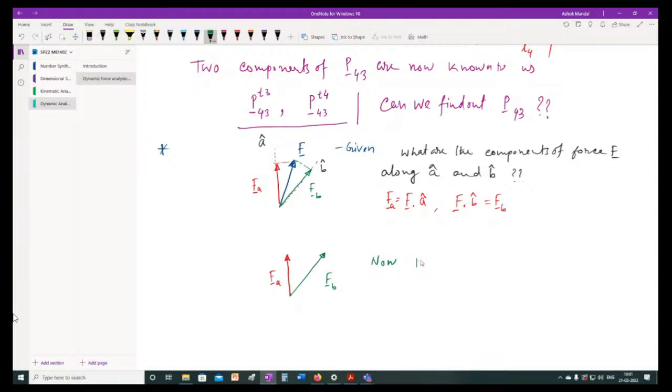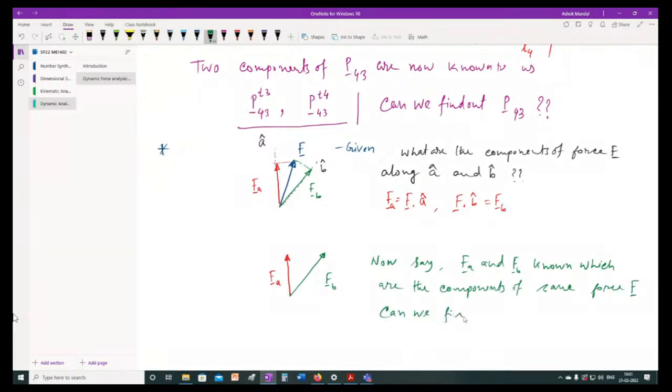Fa and Fb are known, which are the components of the same force F. Question is, can we find F?